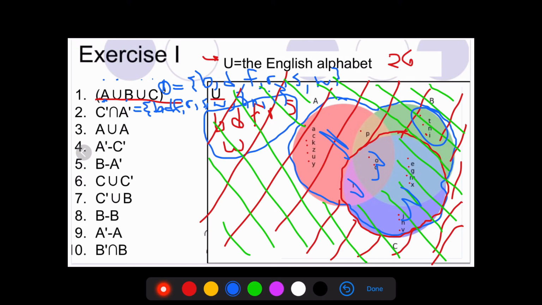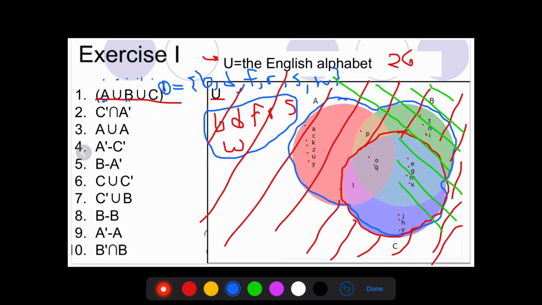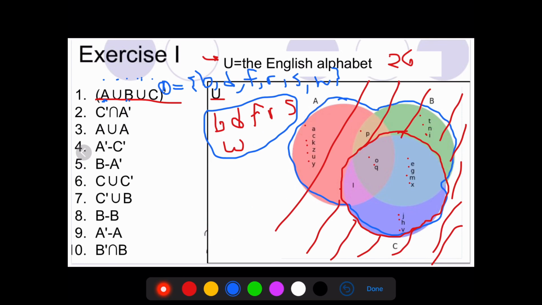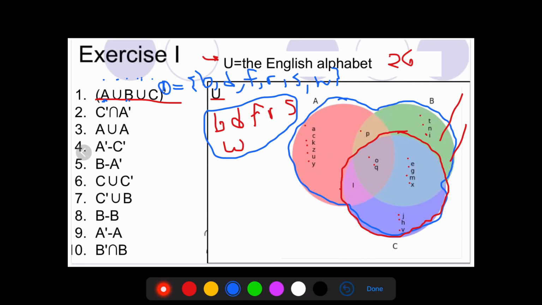My next question. I'm going to skip ahead to 4 here. And clear out my writing a little bit so everybody can see. All right, so we're going to skip ahead to 4.